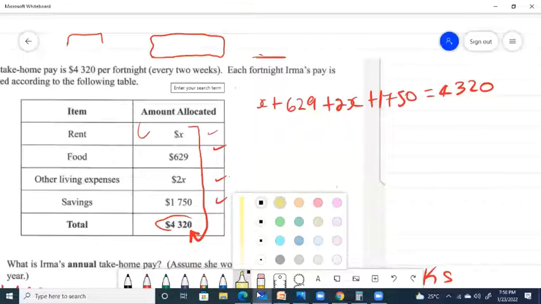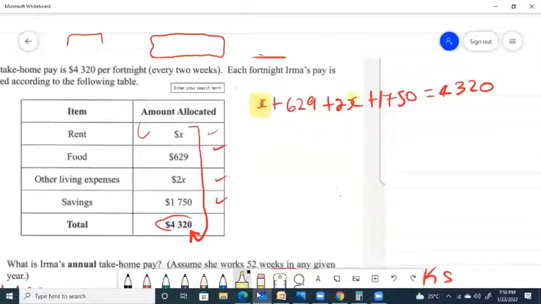Solving for X. I want to highlight the X's that we have here. Together, X and 2X will give us 3X. We could start subtracting these separately if you want to, but I like to put it together and do one subtraction. That's just my style.